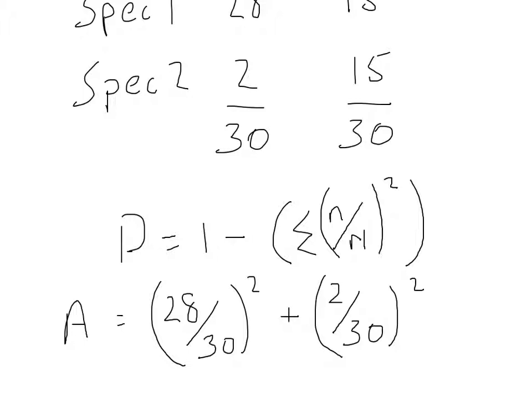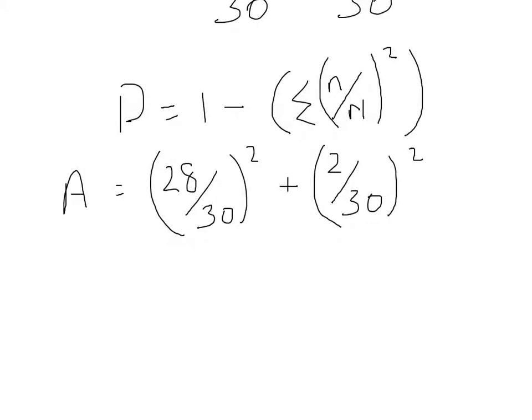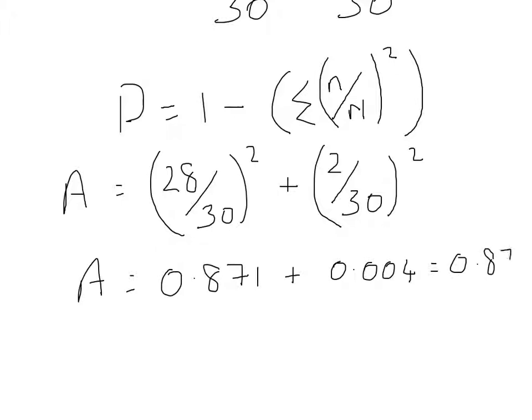Now if I put all those into the calculator, that's going to give me A equals 0.871 plus 0.004, which gives me 0.876.